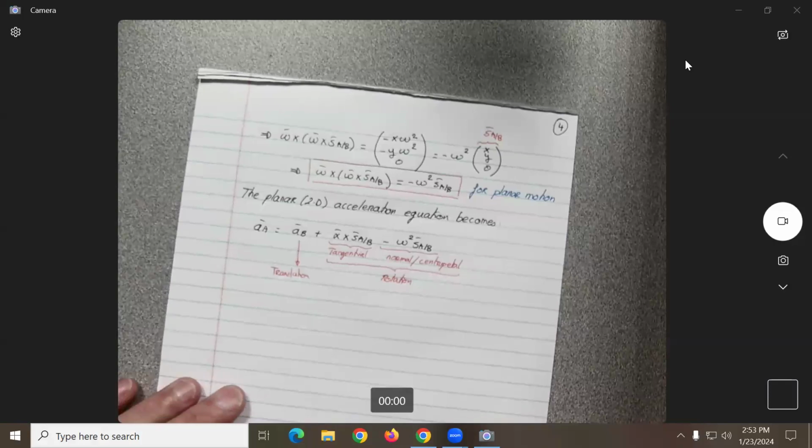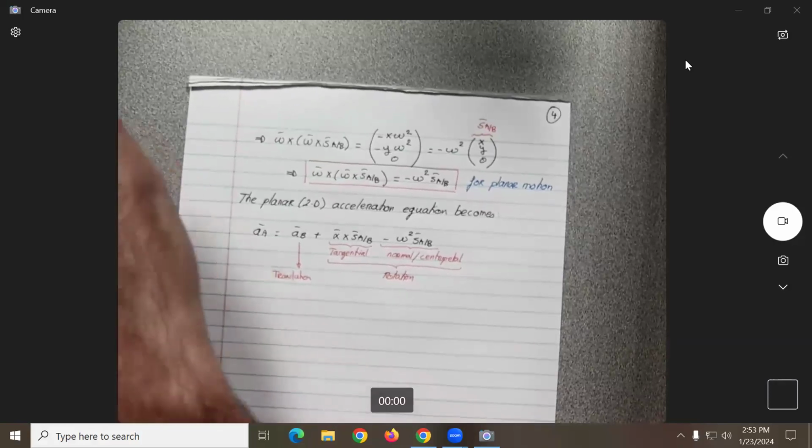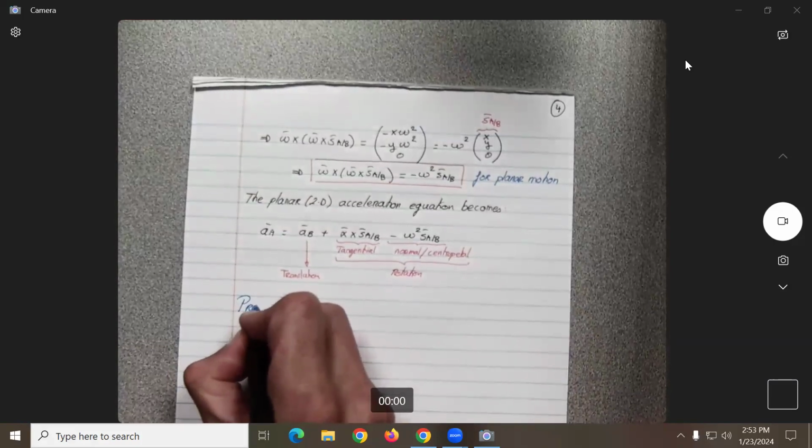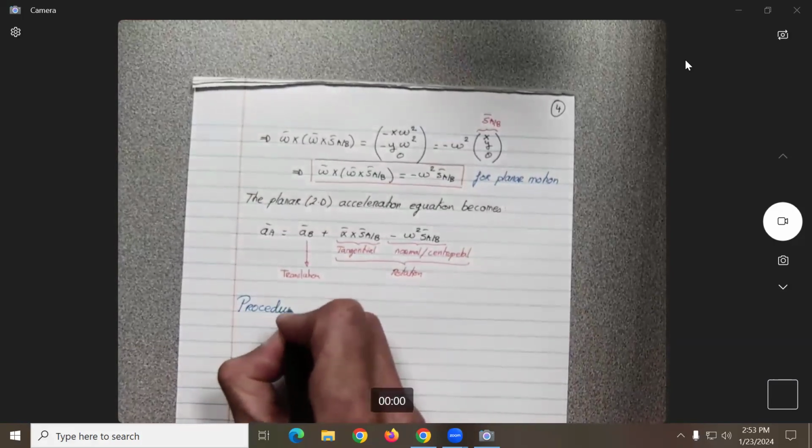Okay, before we do that, let's look at a procedure on how to solve the problems.